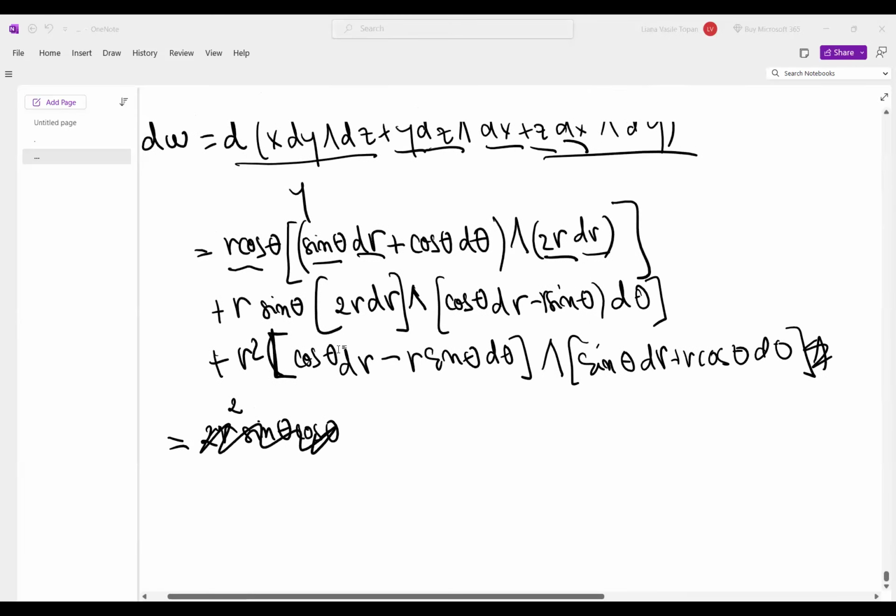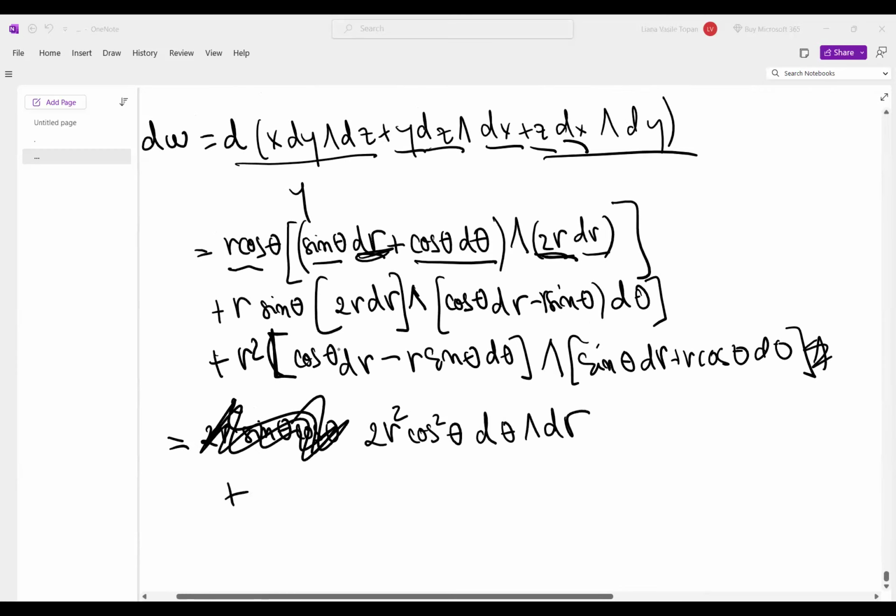My screen keeps moving. So this and this will be 0 now. Here I have r cosine squared of theta, then a 2r, which is 2r squared cosine squared of theta d theta wedge dr.